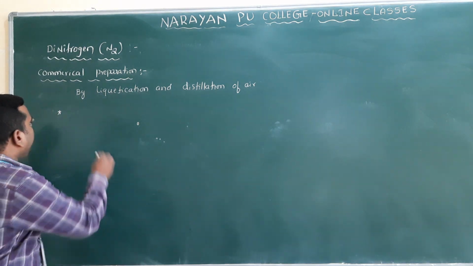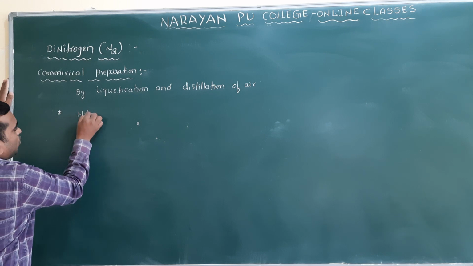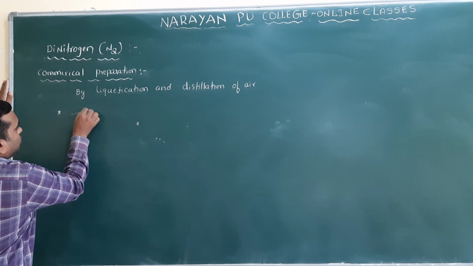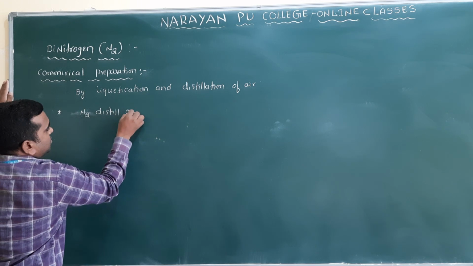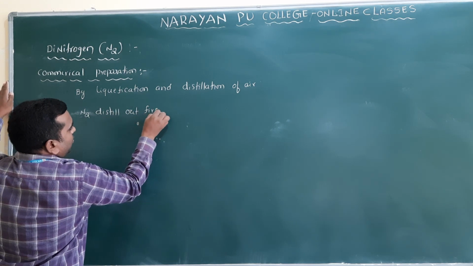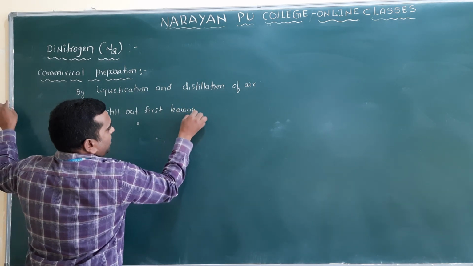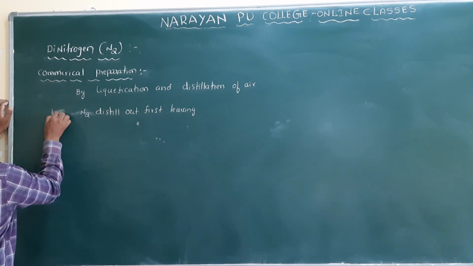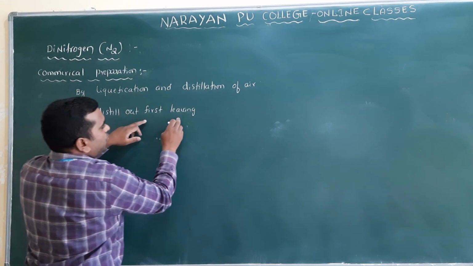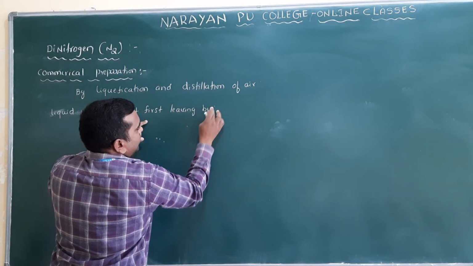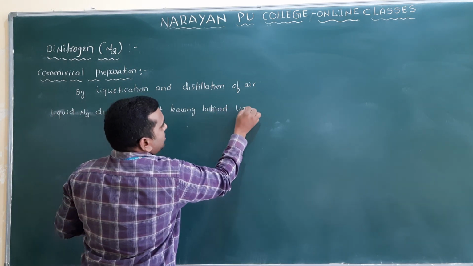Now if you do the distillation, first nitrogen N2 distills out first, leaving behind liquid oxygen. You have to write: liquid nitrogen distills out first, leaving behind liquid oxygen.